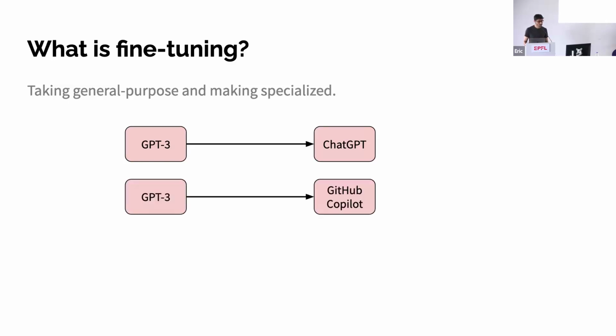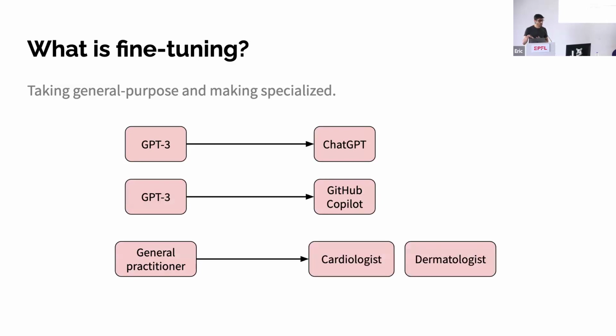If you've used Copilot, it's the same thing. They've taken something like ChatGPT and fine-tuned it for the use case of coding. More generally, think of a doctor: they have their general training in the early years of their medicine studies, and then they can be specialized into cardiology or dermatology. So that's the general idea.